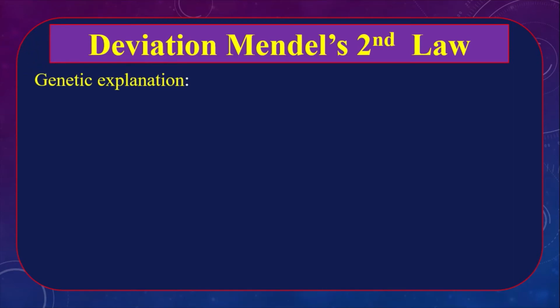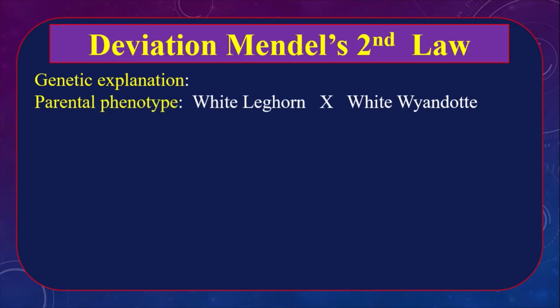Genetic explanation. Parental phenotype: white leghorn and white Wyandotte, two different varieties of chicken.